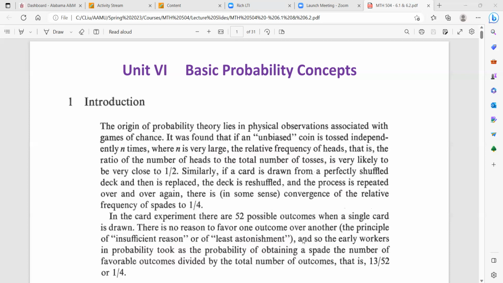Each time you may get a different suit and different number on the card, but eventually, if you do the experiment enough times, you just divide the number of favorable outcomes, or 13 spades, by the total number of outcomes, which is 13 over 52, or 1/4, and we exclude those two special cards.